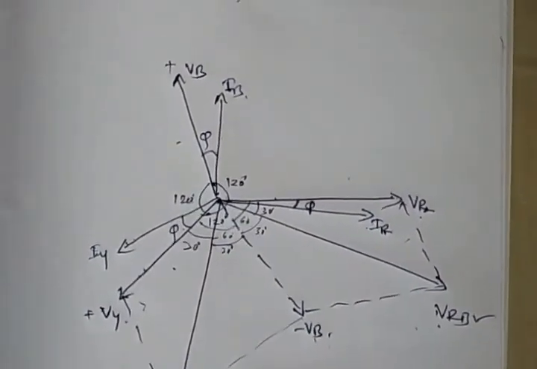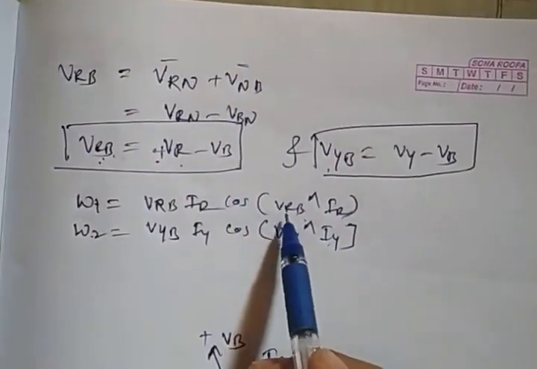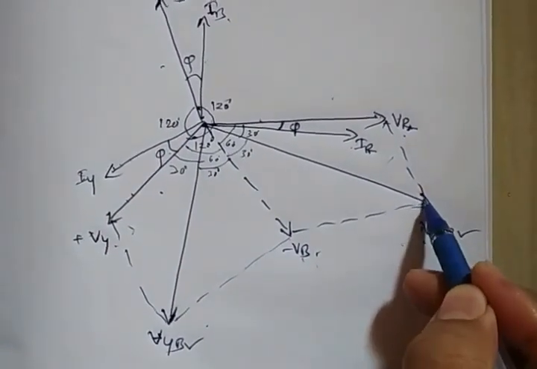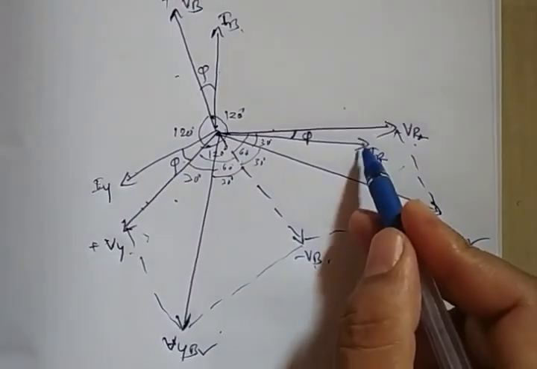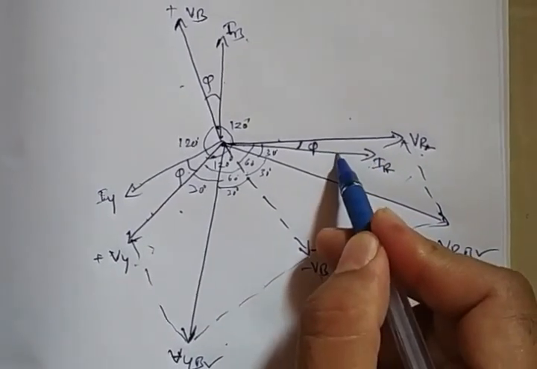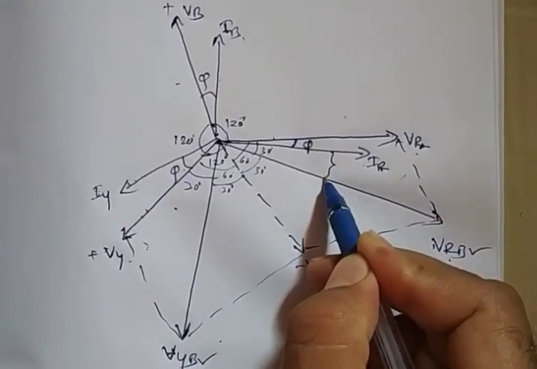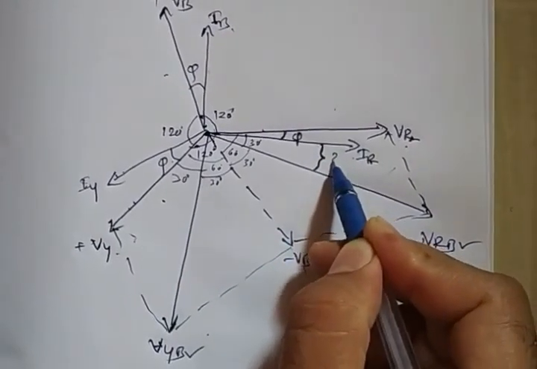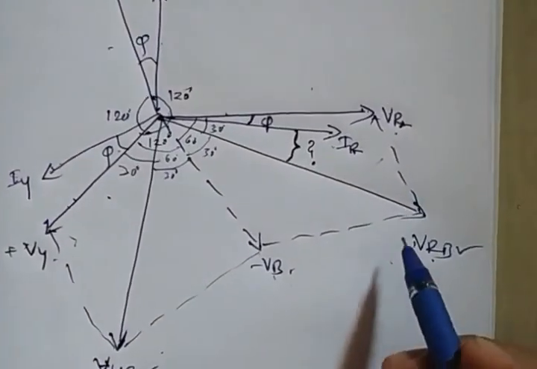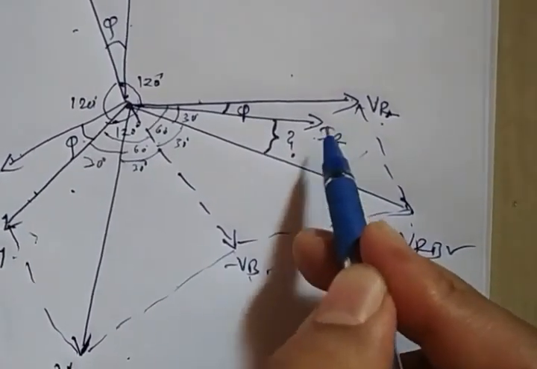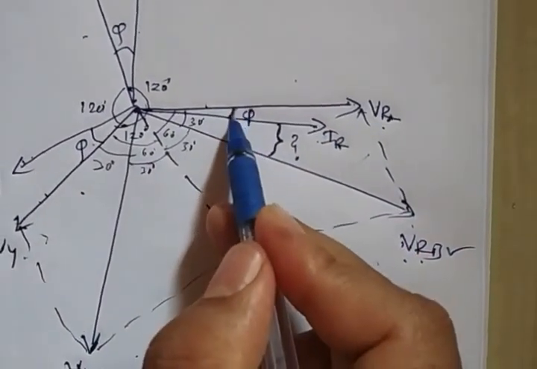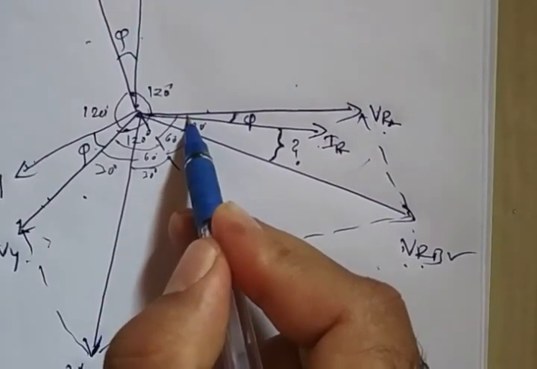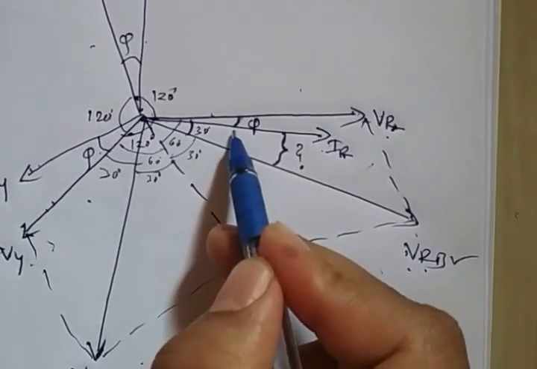And now we require the phase angle between VRB and IR. VRB is here, this line, and IR is here. Means I actually require the phase angle between these two. So VRB and IR. We know this is phi and this is the 30 degree. So what will you get?